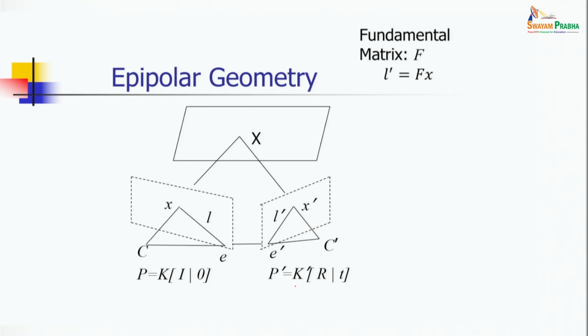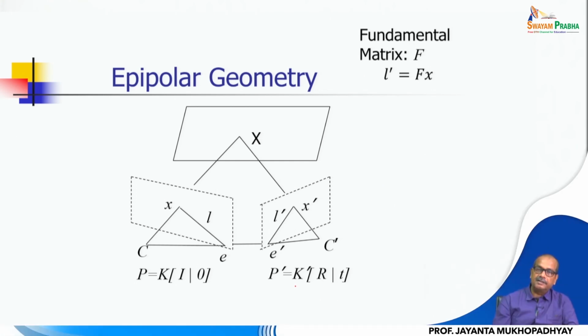Let us further elaborate this property and find out what is the characteristic equation in epipolar geometry which relates the corresponding pairs of points. Already we have seen in terms of this relationship, that means if I give you the corresponding point, I get of course the epipolar line on which the corresponding point will lie. But how exactly these 2 points are also related in an expression, that we would like to explore.